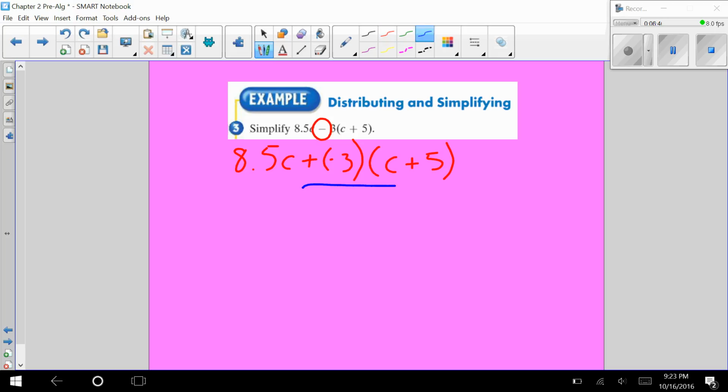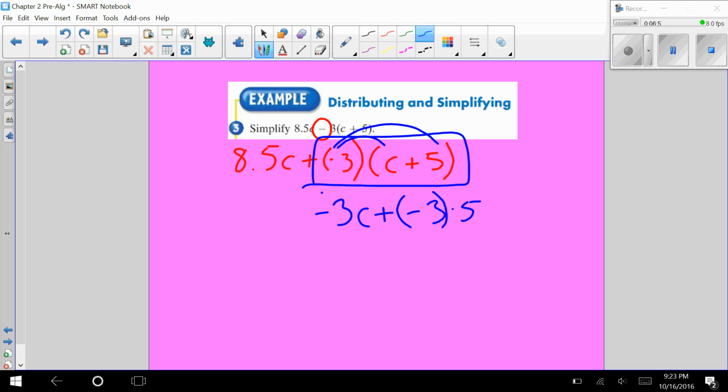We're going to focus on just this part right here with the parentheses, because we need to distribute first. So we have negative 3 times c, which is just negative 3c, negative 3 times 5, a plus in the middle, parentheses around my negatives to help clear it up, and then we're just going to bring down the rest of it. So 8.5c and my plus.